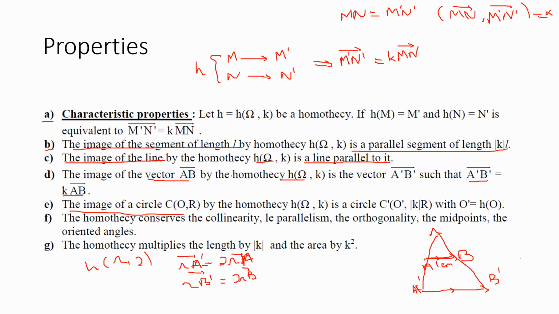Whenever we say A prime B prime equals K AB, from grade 10, if we multiply a vector by a number, we get a vector parallel or collinear with the given vector. So vector AB and vector K AB are collinear or parallel. Yes.